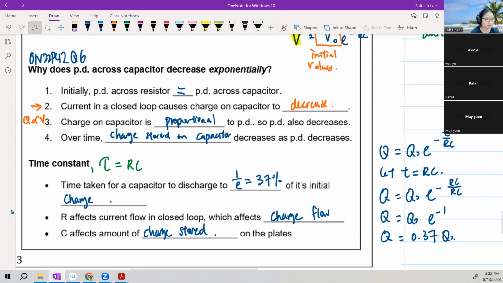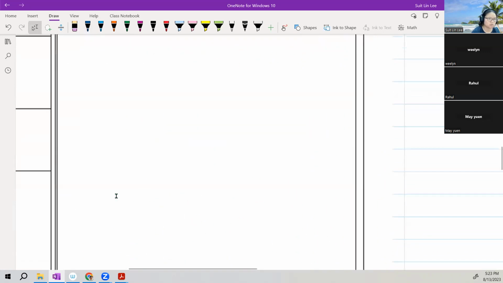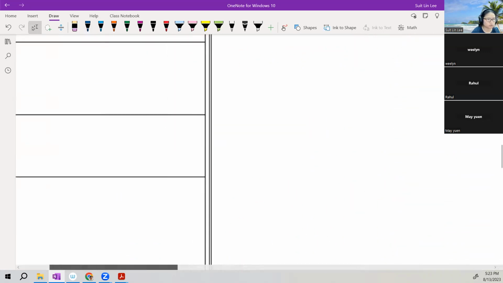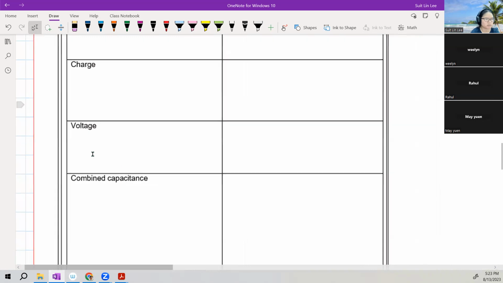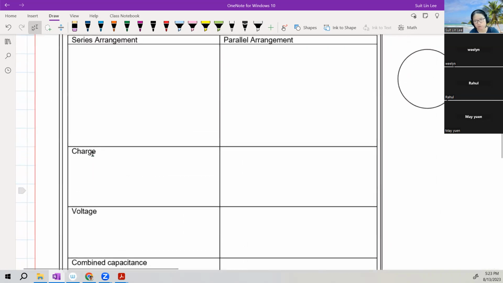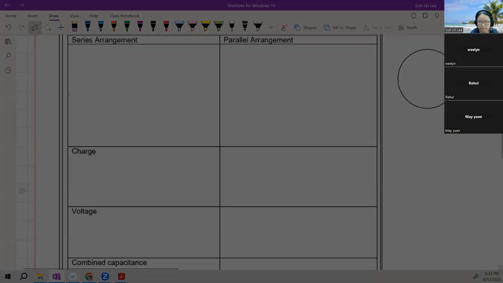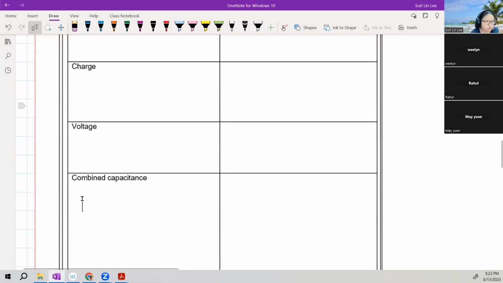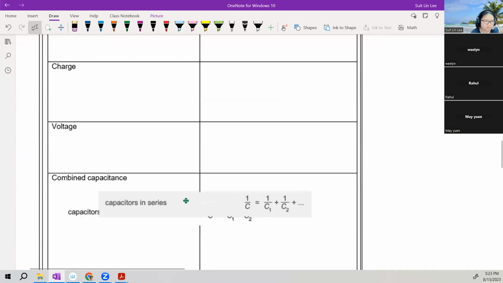But the last thing I want to point out is on page 2. I'm not really going to talk much about the capacitor in series and parallel, because I think in recent years it has taken a backseat compared to the charging and the discharging.